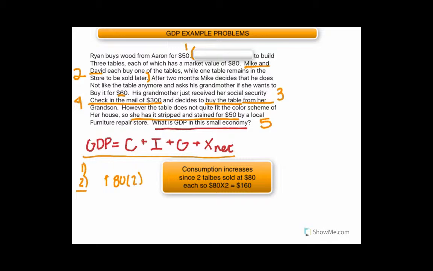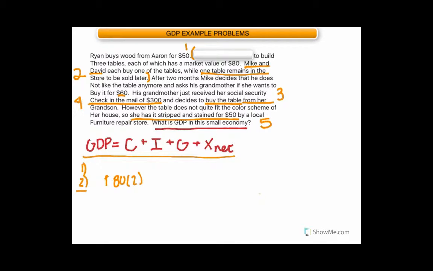And then additionally, one table remains in the store to be sold later. And this idea that the table is remaining in the store is part of our gross investment, because investment includes all unsold inventory. So that one table, what was it worth? It was worth $80.